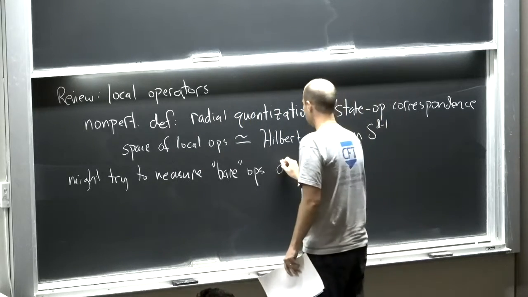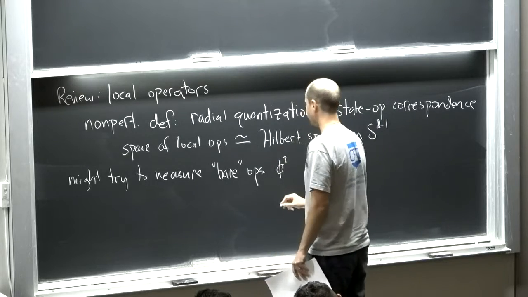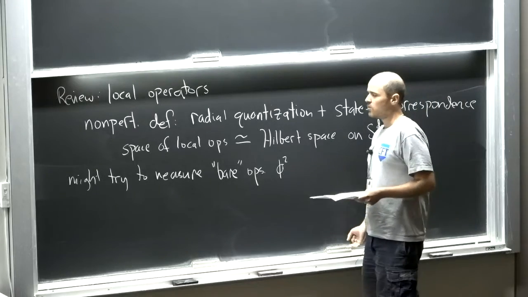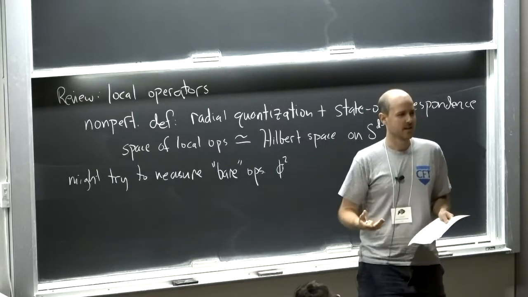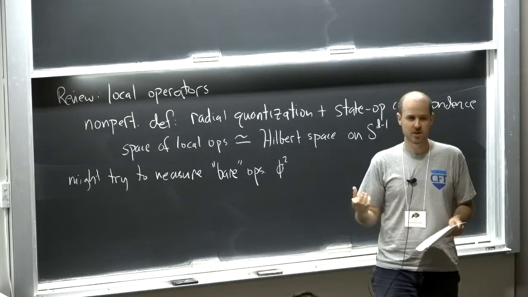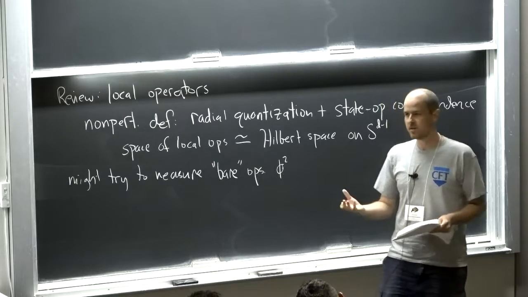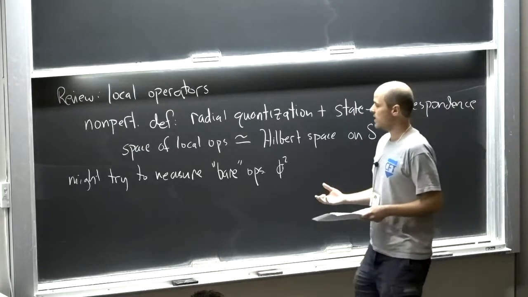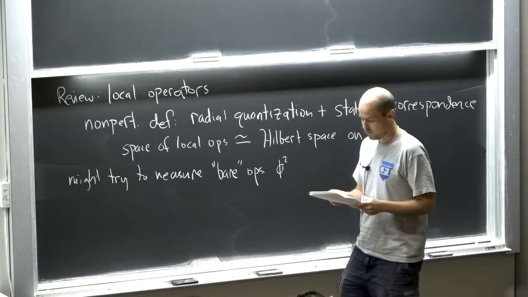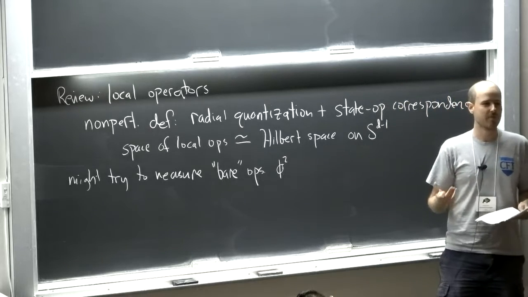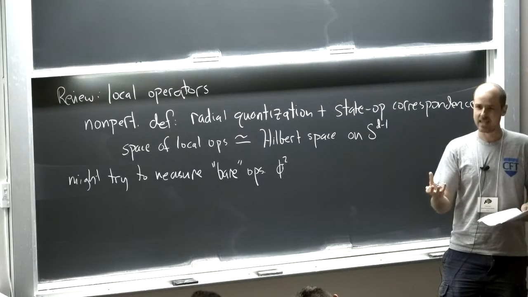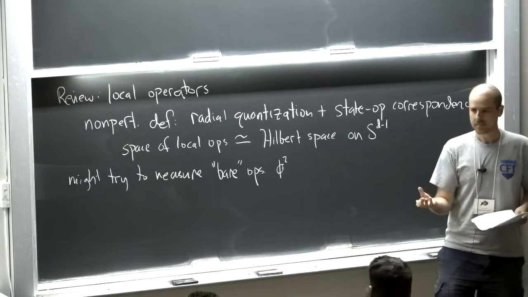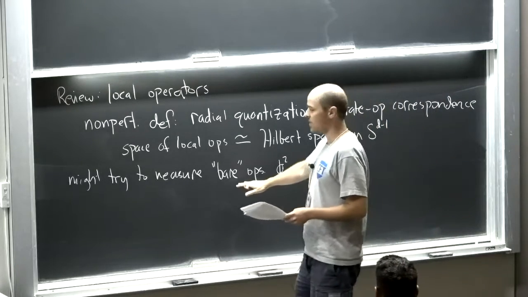So for example, the operator phi squared. If you try to do this, you quickly find that the bare operators are not the good operators. The correlators of bare operators are divergent. They're UV divergent. And you need to take careful linear combinations of bare operators to access the actual local operators of the CFT.